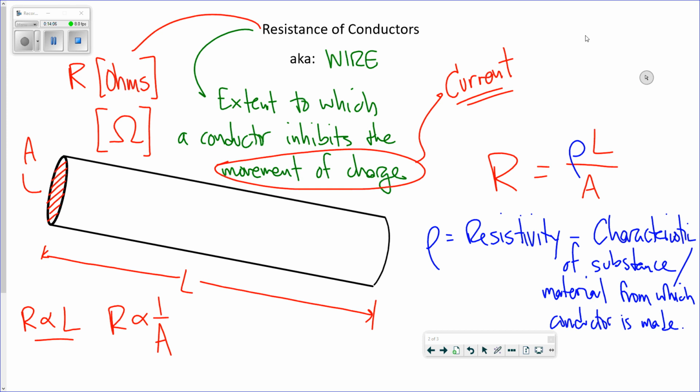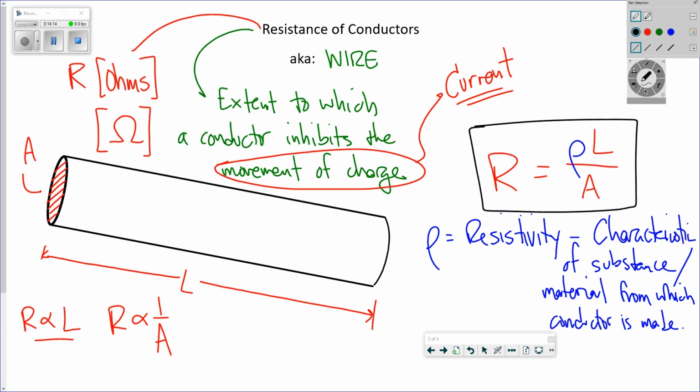So here is our equation for a conductor's resistance. Let's be sure that we can nail down the units. Of course, length is measured in meters. Area is measured in square meters, meters squared.